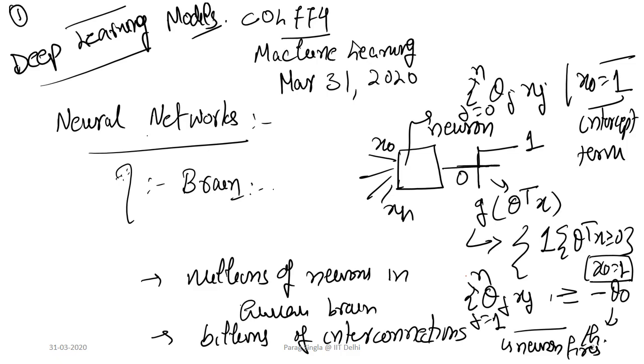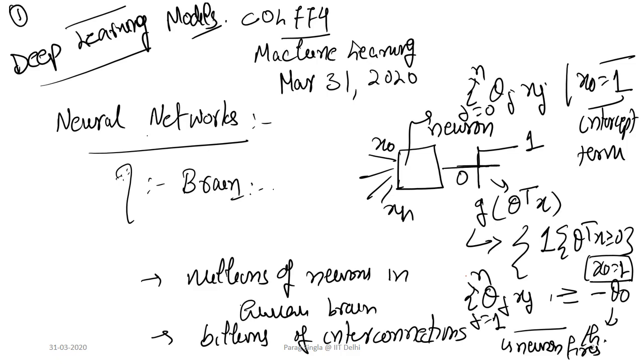And this is the thresholding function, which takes a linear combination of its inputs, theta transpose x, where g is simply the indicator function of theta transpose x being greater than or equal to c.